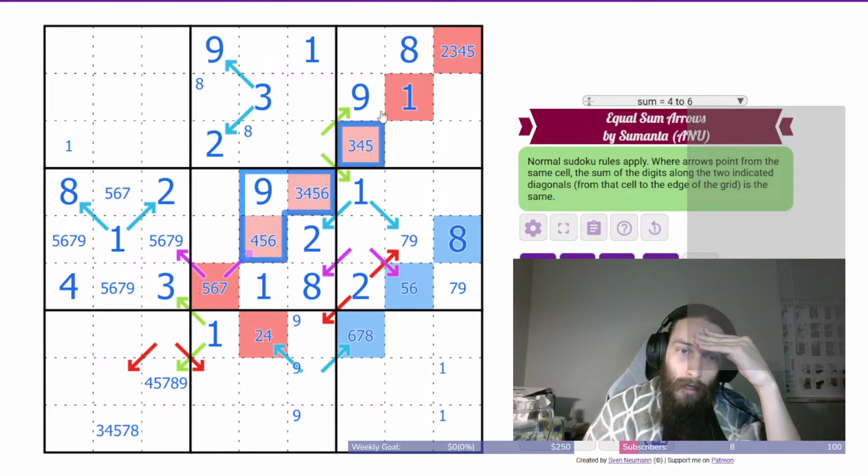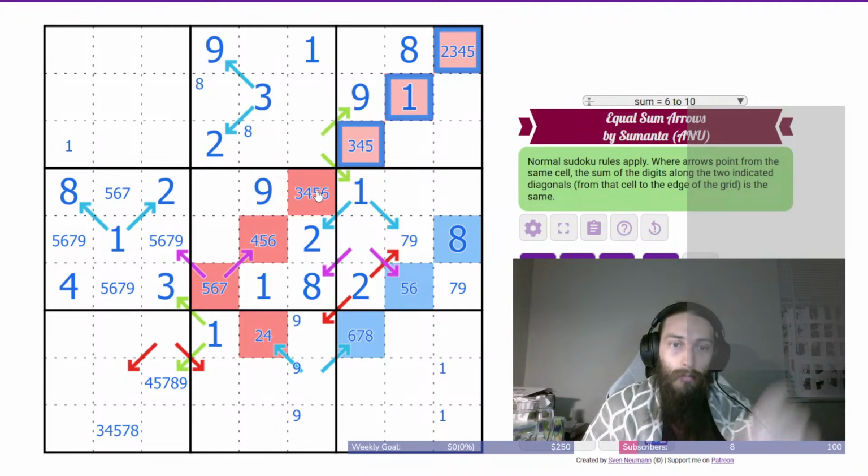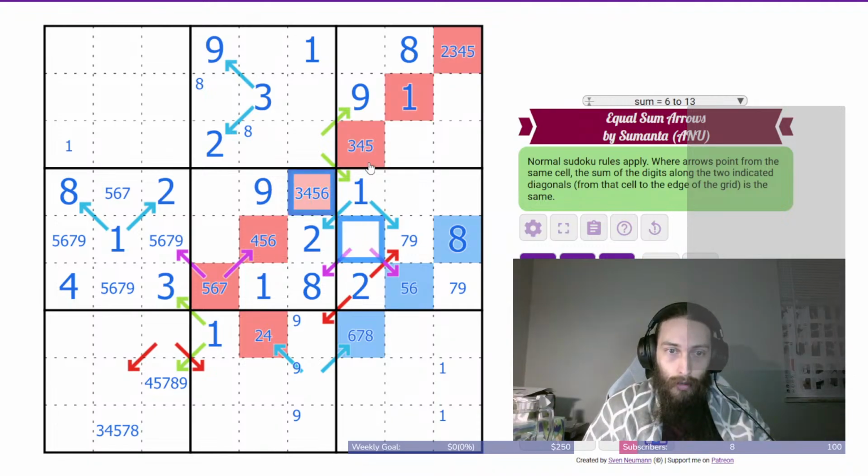But if this was minimized, this would have to be 3 and 4, because that's the only way that works, to minimize that down to 7. Right. 7 and 6 is 13, but this being a 3 places a 3 there, means this is 4 minimum, and that can't be 6 anymore.